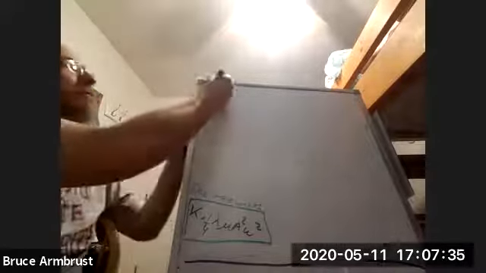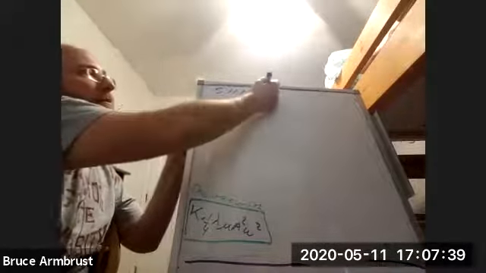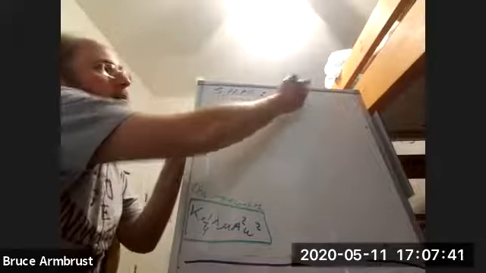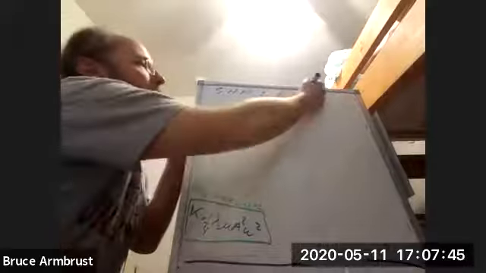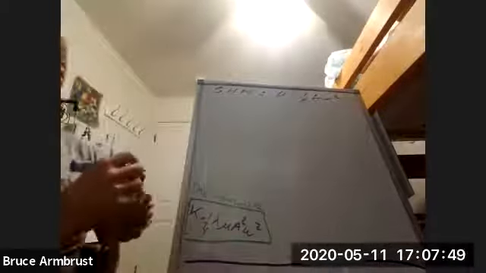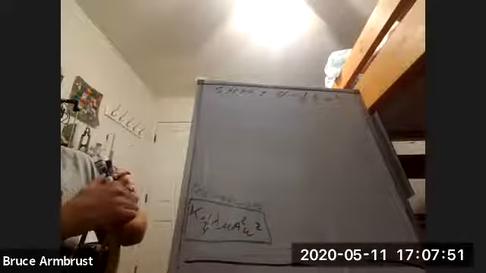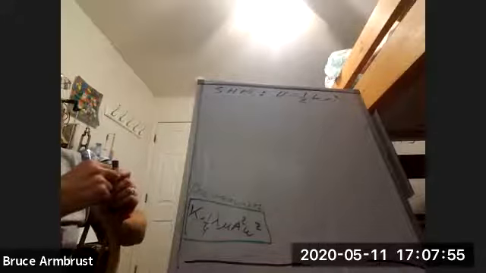We're going to use what we already know. In simple harmonic motion, we know that the potential energy was equal to 1/2 kx squared, where k was your spring force, basically.